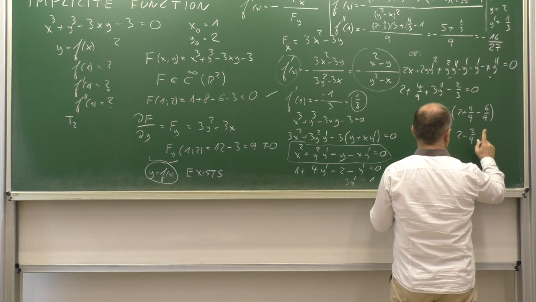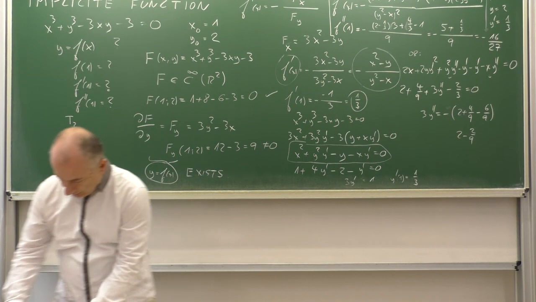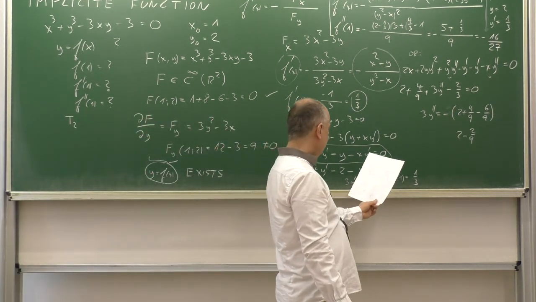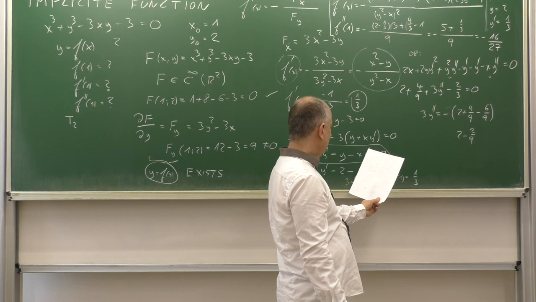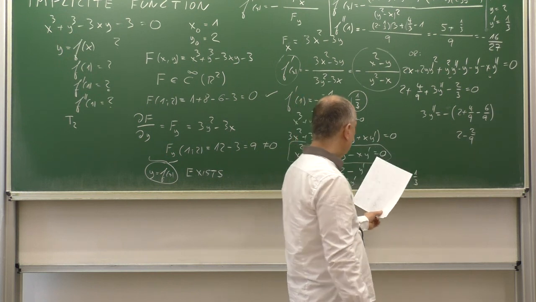Sorry, let me check this. 3y second is minus fraction 2, 4/9, minus 6/9.